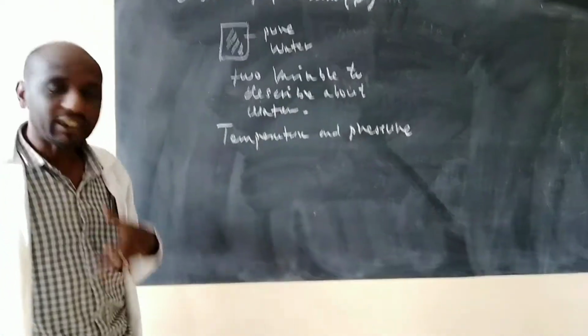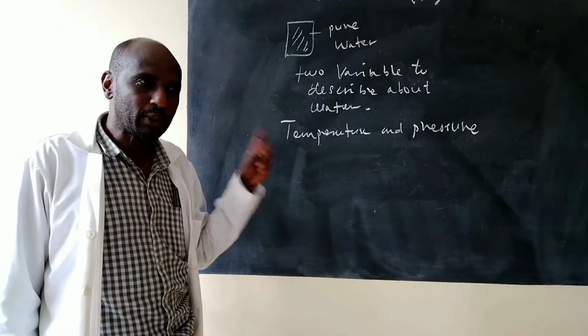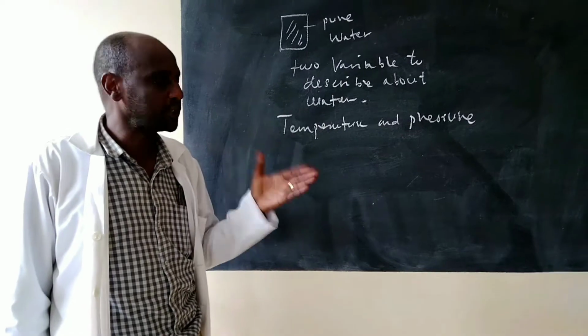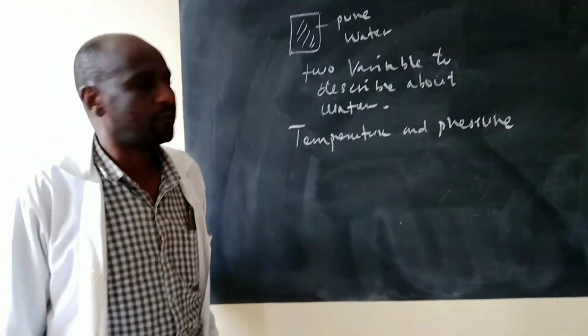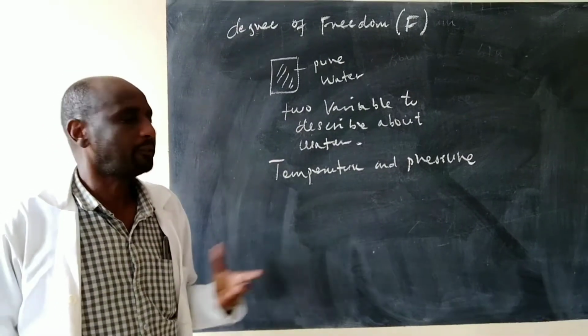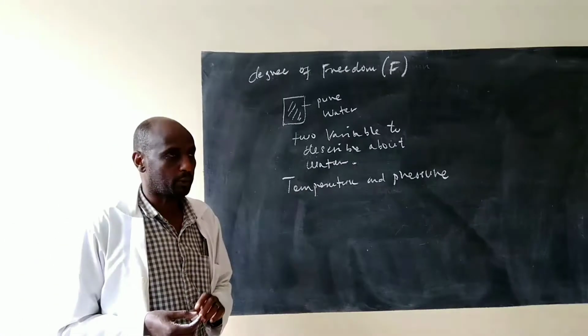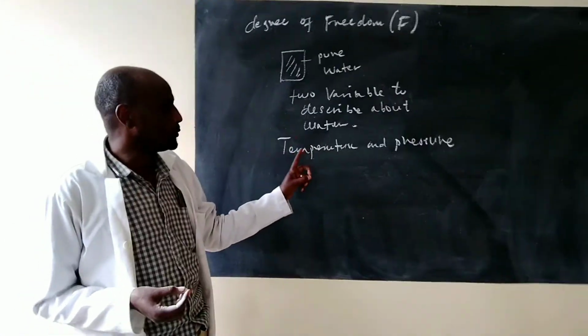To say water is a liquid, we have to specify the temperature and the pressure. To say the water is ice or solid, we have to specify the temperature and pressure range. And to say the water is in vapor form, we have to specify the temperature and the pressure. Therefore, for any pure substance, we need two variables to describe it.